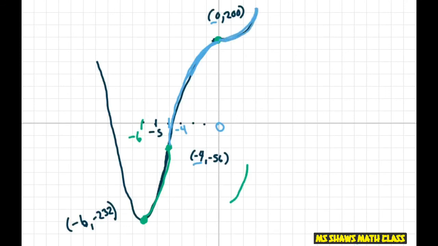I'm exaggerating a little bit. Now this is just supposed to be a sketch. I have it on a grid because I'm working on an iPad. But usually when they say sketch, there should be no grid. Now your horizontal tangent occurs right here. There's your horizontal tangent. All right, and that's it.